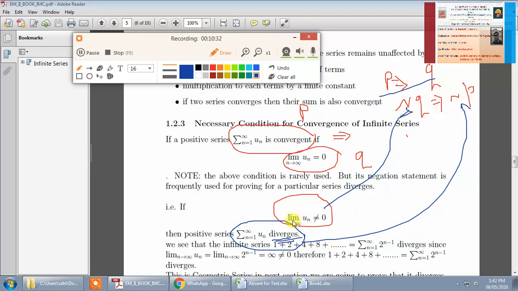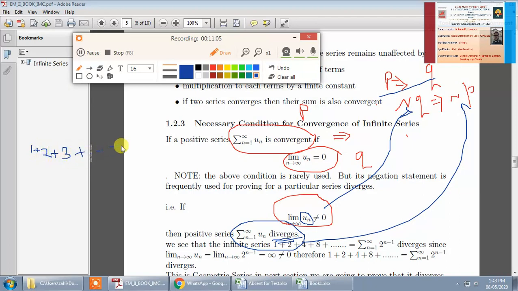So if limit n tends to infinity of the nth term for a certain series is not equal to 0, meaning it is anything other than 0, then that series, if it is a positive series, diverges. For example, suppose you have the series 1 plus 2 plus 3 plus 4 and so on.